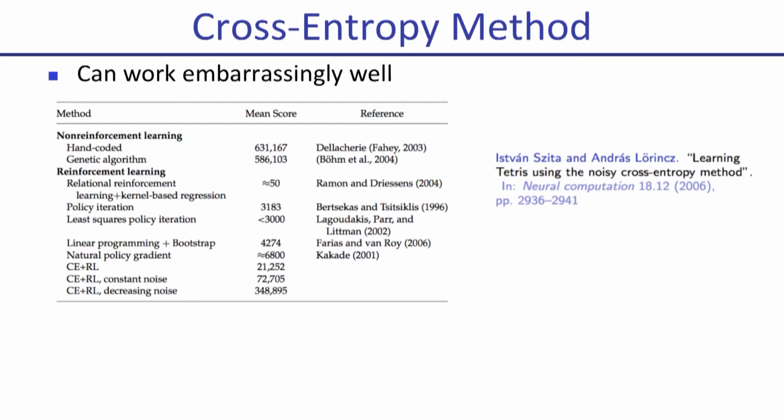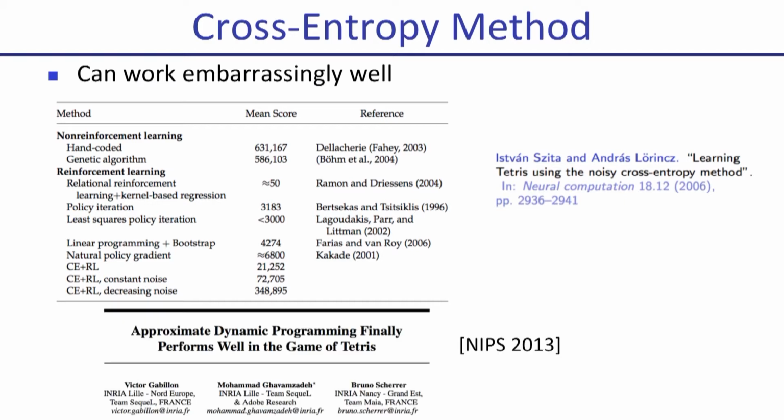What's even more embarrassing is that for all of those value-based methods that try to exploit clever dynamic programming properties, it took another 7 years to catch up in performance. The first paper using cross-entropy to optimize a policy for Tetris was published in 2006, and the approximate dynamic programming method only caught up in 2013.